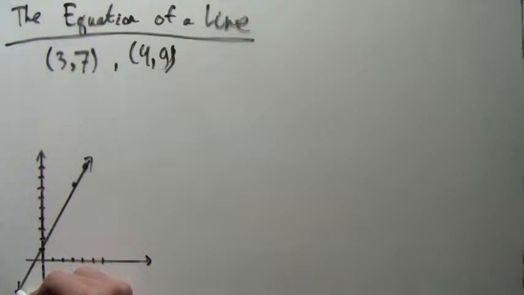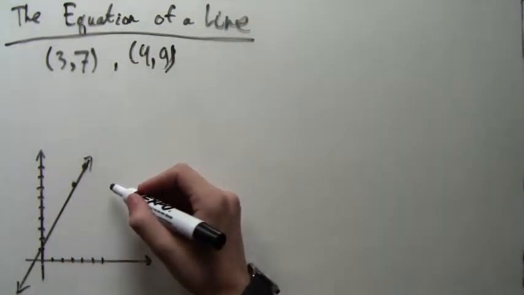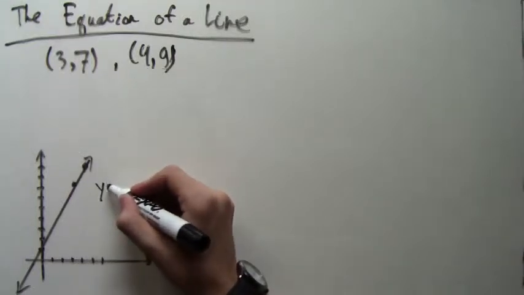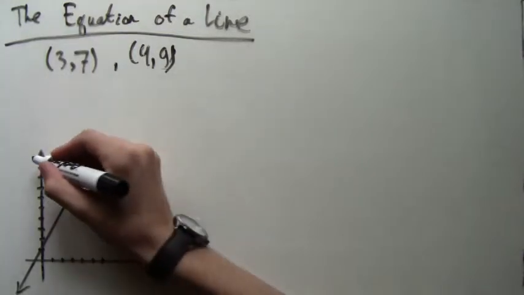If we were given a function, it'd be proper to label this with y equals whatever the formula is. However, we don't know the formula. That is our goal, so we will have to figure this out.